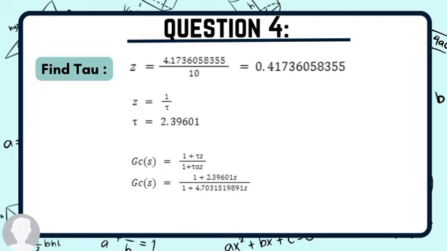To find tau, we must first make Z equal to 4.1736 over 10, equal to 0.41736. Then Z is equal to 1 over tau, which makes tau equal to 2.396. And then rewrite the equation in the standard form: 1 plus tau s over 1 plus tau alpha s.